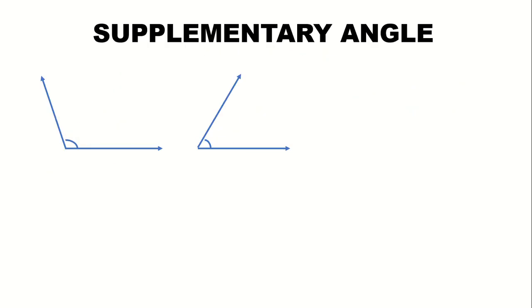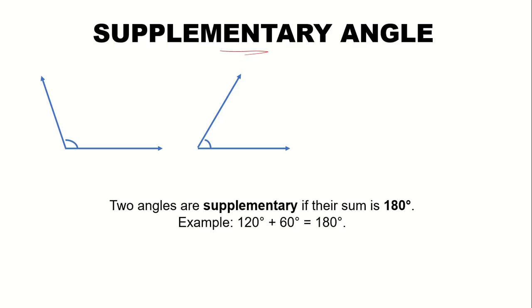So, quickly, let's move to the other type of angle, which is supplementary angle. What is supplementary angle here? So this is the definition of supplementary angle. Two angles are supplementary if their sum is 180 degrees. Let's say one angle measures 120 degrees and other angle measures 60 degrees.